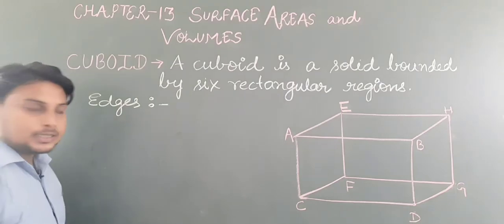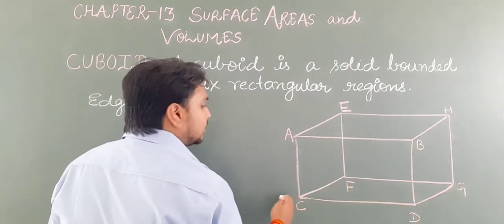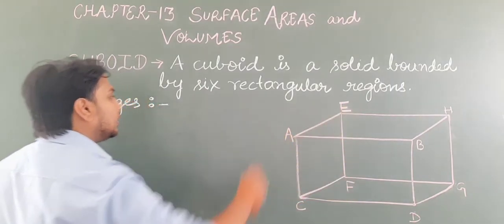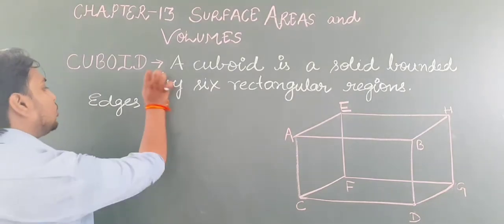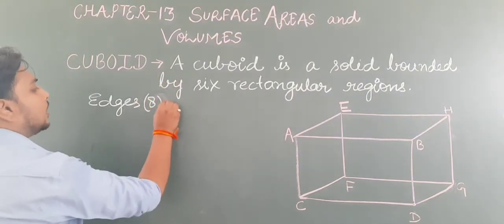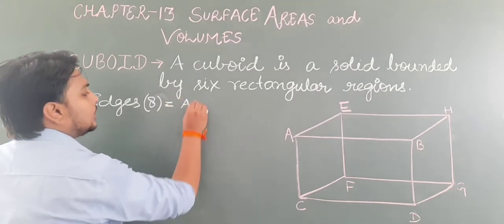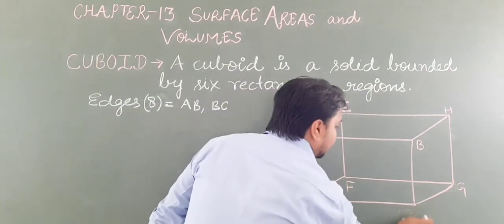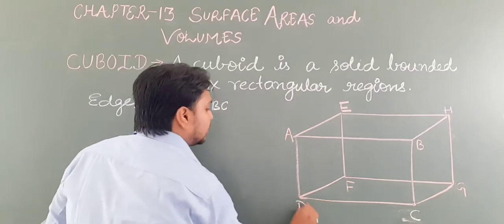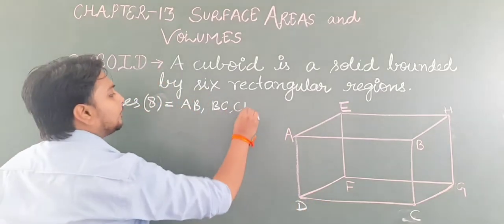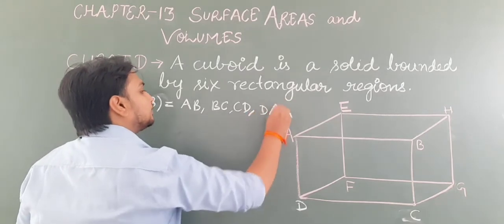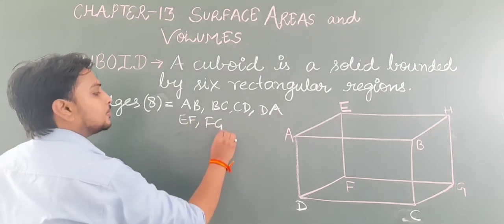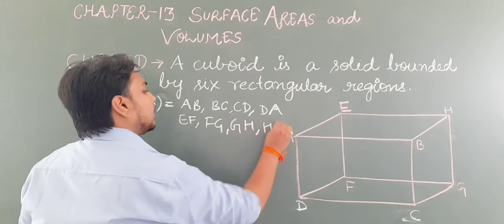In the figure you can see AB, BC, CD and DA, and EF, FG, GH and HE.